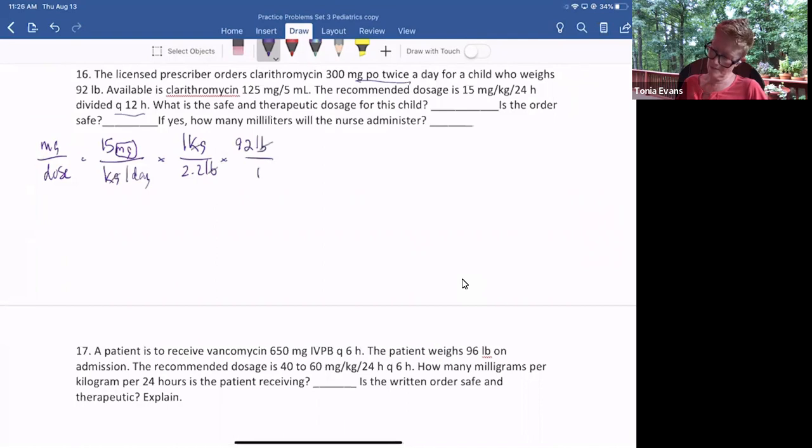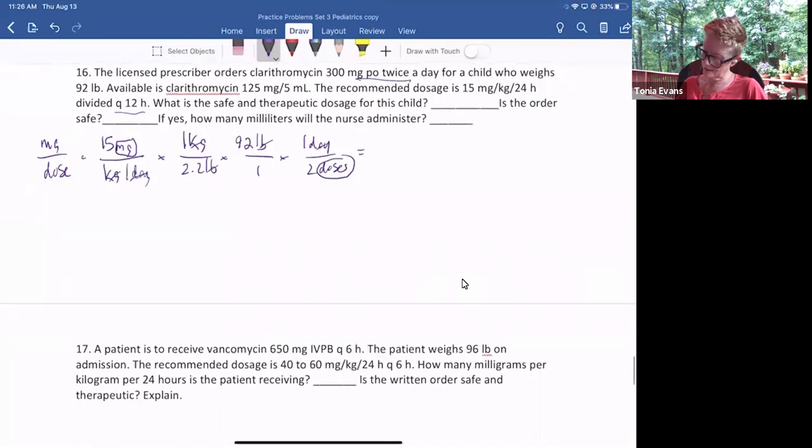Pounds, kilogram. 1 day is 2 doses. 15 times 92 divided by 2.2 divided by 2 equals 313.6 milligrams per dose. Our order is for 300 milligrams per dose, so we have a safe dose.